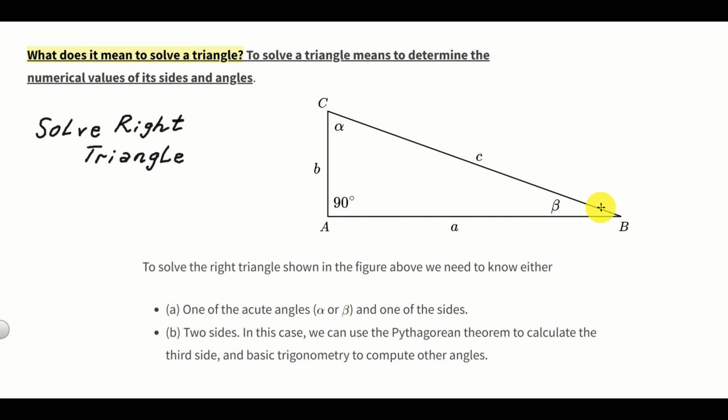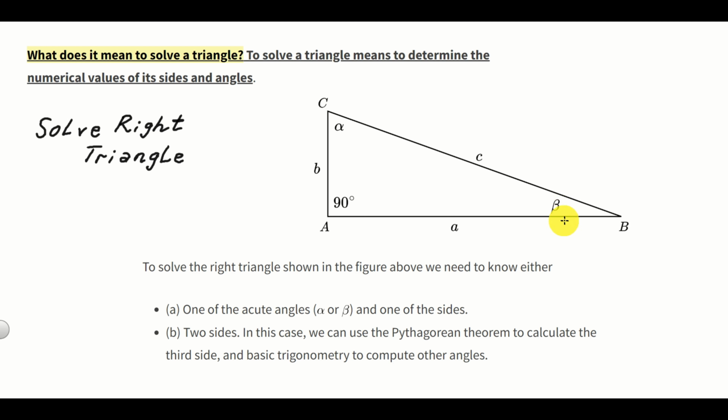Next, let's clarify what it means to solve a triangle. To solve a triangle means to determine the numerical values of its sides and angles. For the time being, let's focus on this right triangle. To solve this right triangle, we need to know either one of the acute angles, for example, alpha or beta, and one of the sides.